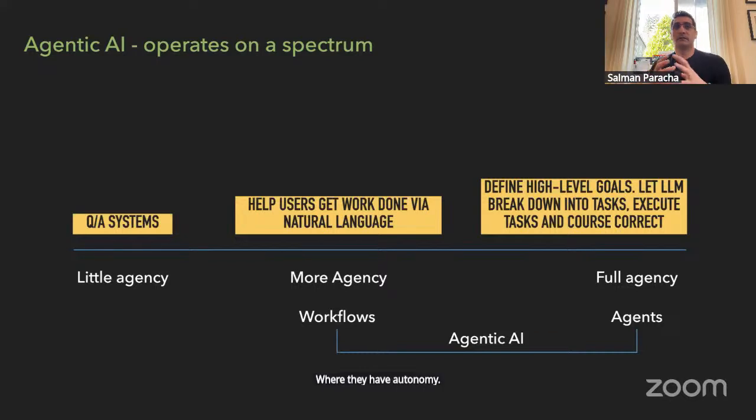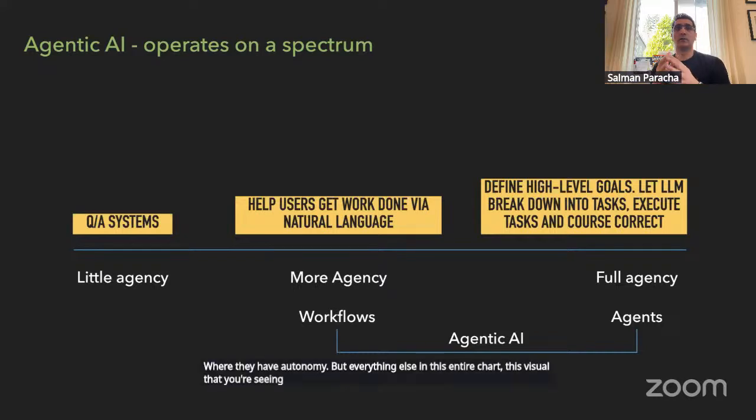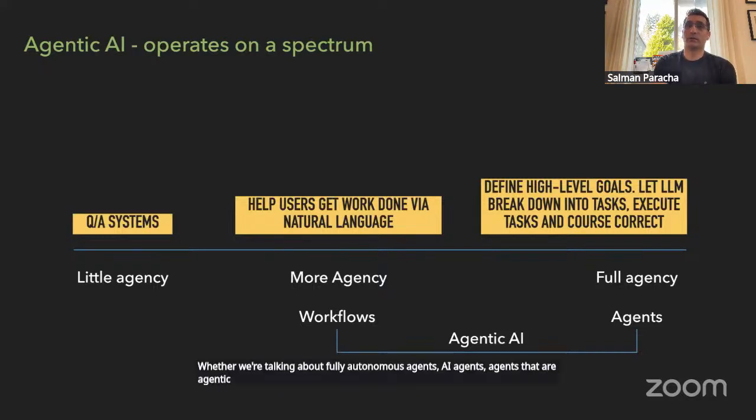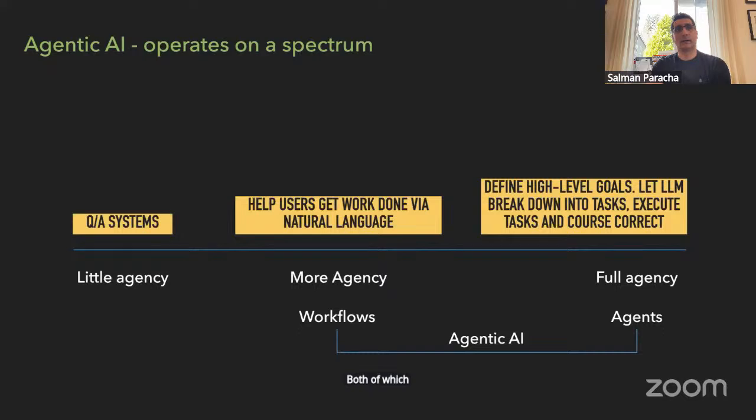But everything else in this entire chart, this visual that you see, I'd like for you to leave with this idea that we're operating on a spectrum, and then the agentic AI covers a core set of that spectrum, whether we're talking about fully autonomous agents, AI agents, or agents that are agentic AI that is more workflow driven and more driven by procedural code, both of which are considered agentic AI.